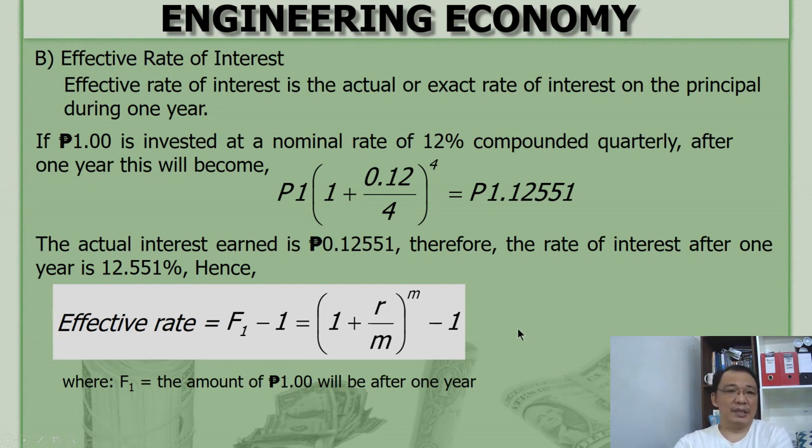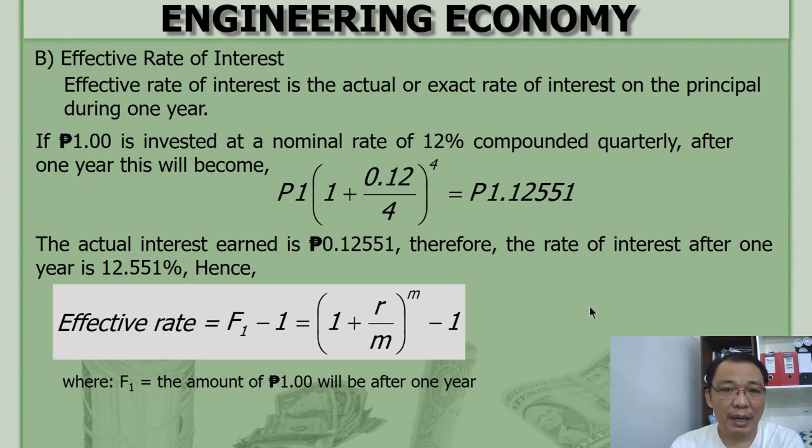But the point of the effective rate of interest is to give an idea that the more compounding periods there are, the bigger the effective rate of interest. And the effective rate of interest is used in annuity later, or in the next topics, to compare interest rates that differ or depend on conditions.